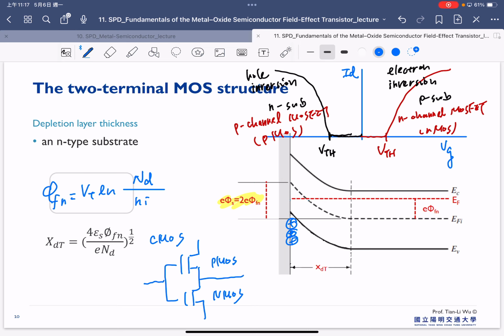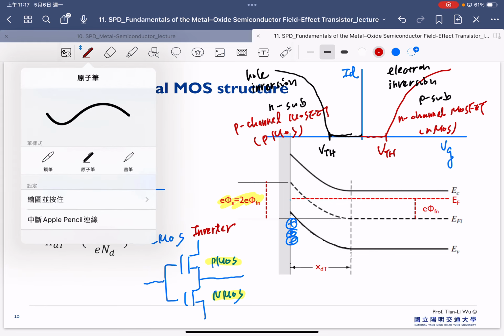So in this case, this kind of structure we call an inverter. So the inverter, that means the bottom one is an NMOS, the top one is a PMOS.